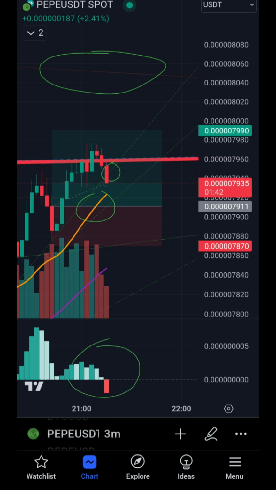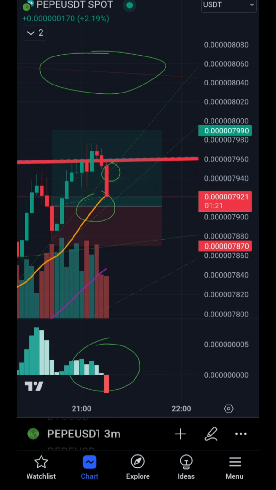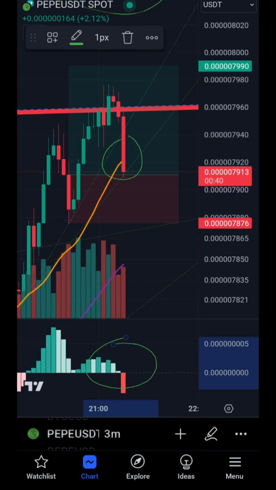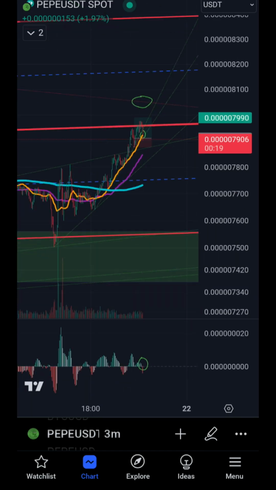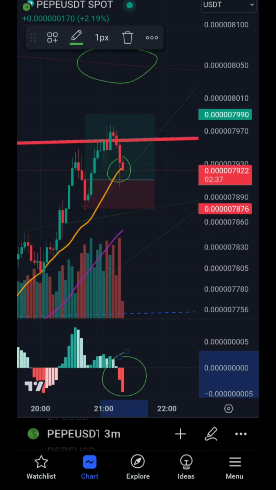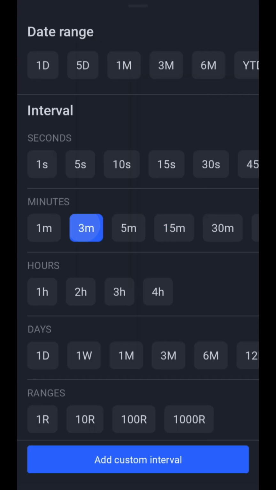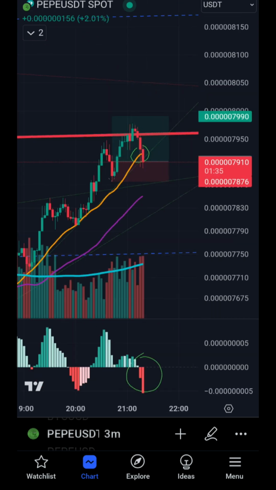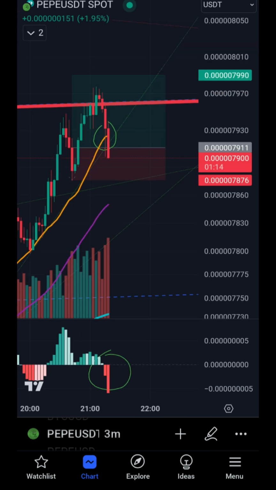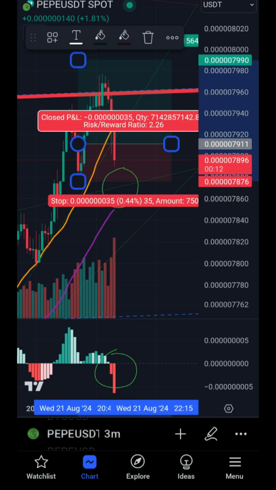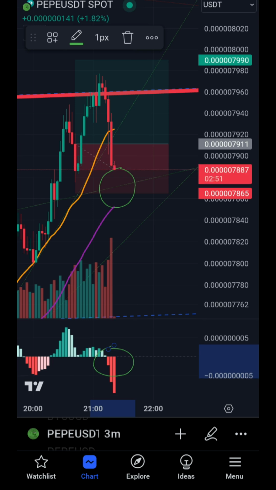Now it's going down, looking pretty bearish. It's trying to break down, but it's managing to keep that last low.